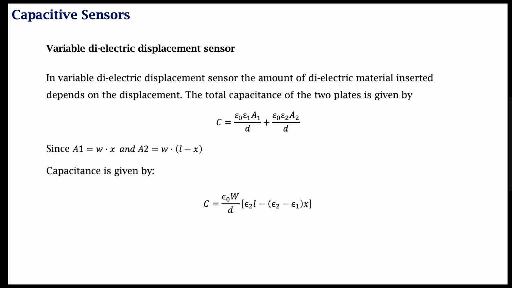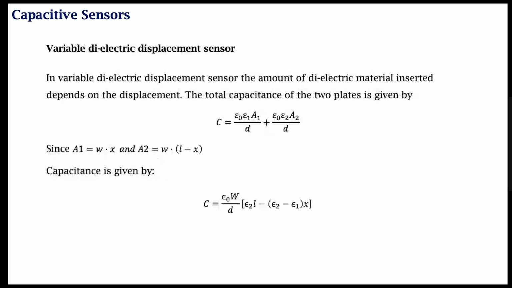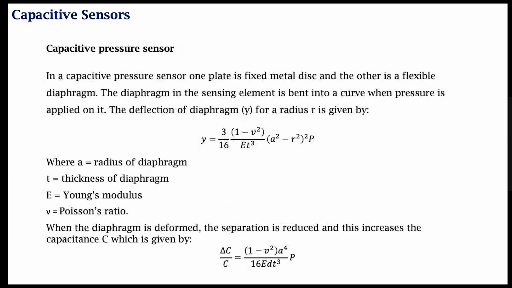But the displacement, or the capacitance change, I can measure as a function of the two relative dielectric constants, epsilon 1 and epsilon 2. The difference between these I can measure, and then I can compute the change in the capacitance.